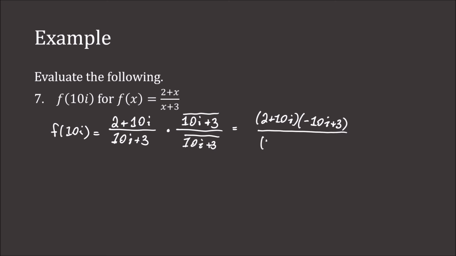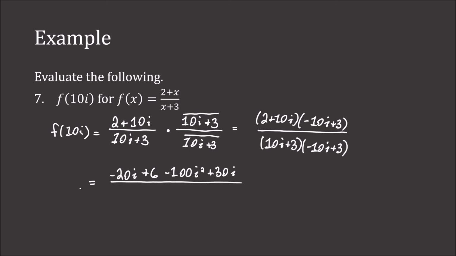Then we'll have over 10i plus 3 times negative 10i plus 3. Okay? So we'll have negative 20i plus 6 minus 100i squared plus 30i in our numerator.